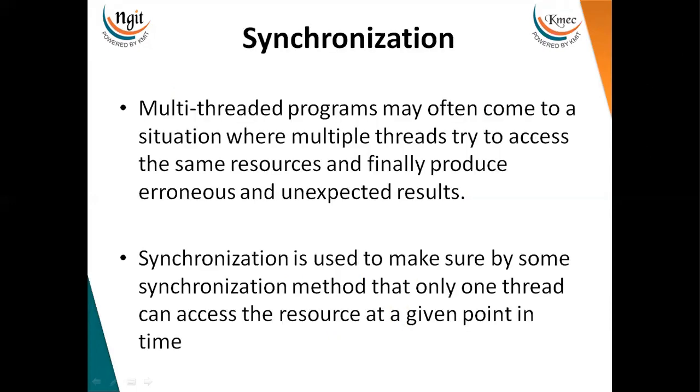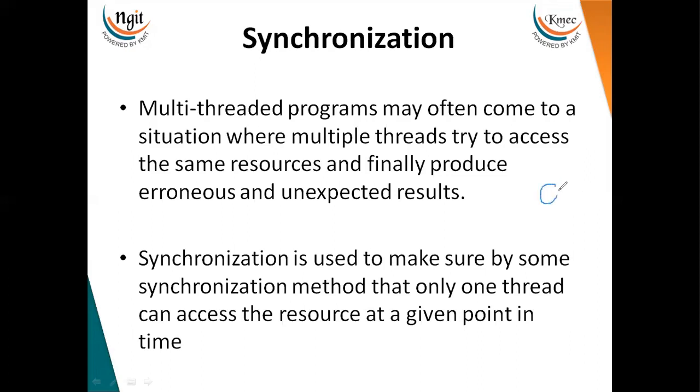Whenever you are dealing with threads, there are cases in a multi-threaded environment where multiple threads will try to access the same resource. When they try to access the same resource simultaneously, there may be a chance to produce errors and unexpected results.